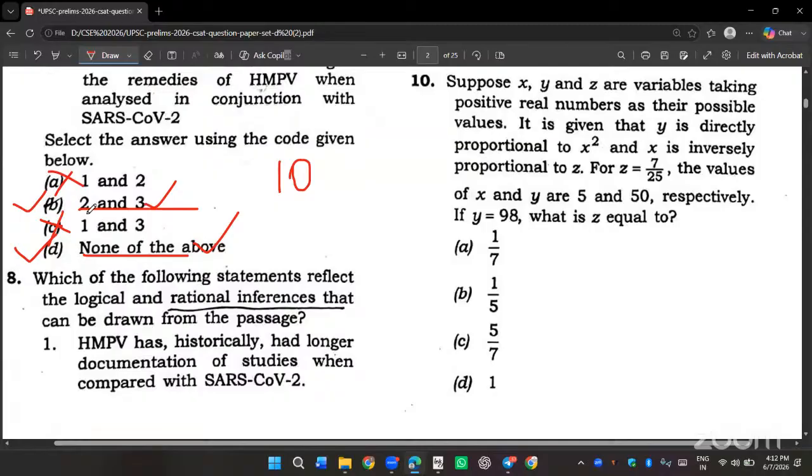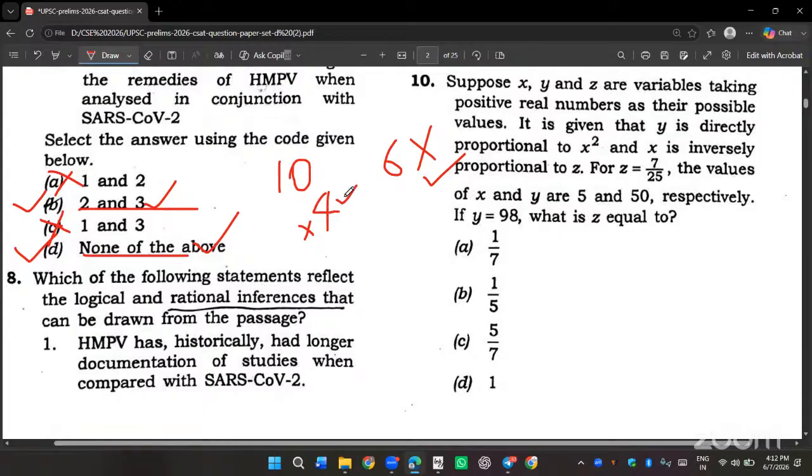Okay? Out of 10 questions, 6 may be wrong. Okay? 4 may be correct. Bad luck. Sometimes 6 may be correct, 4 may be wrong. Good luck in negative marking system. Before that, there was no issue.